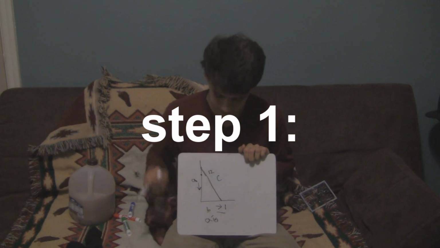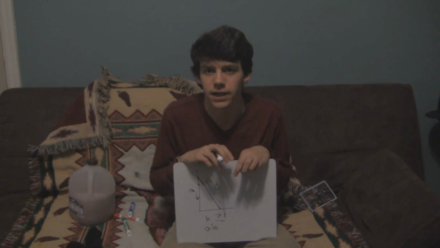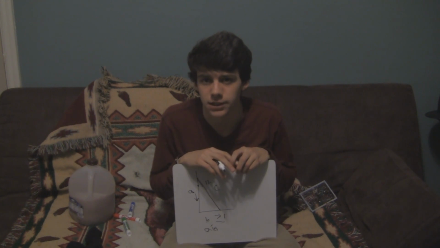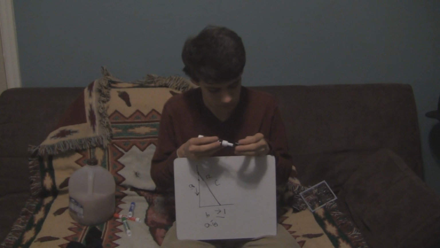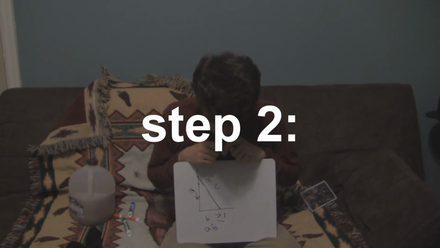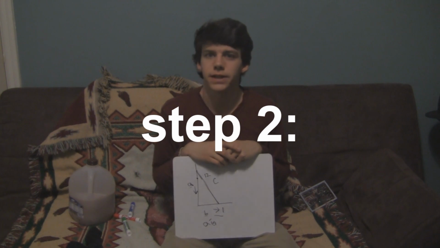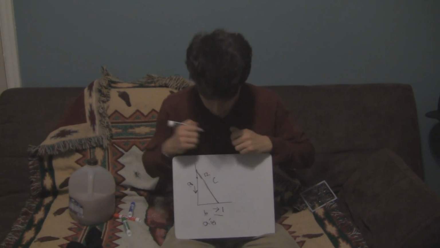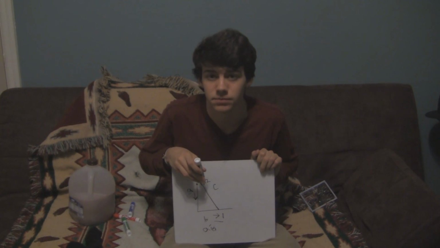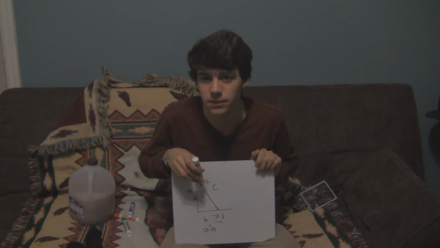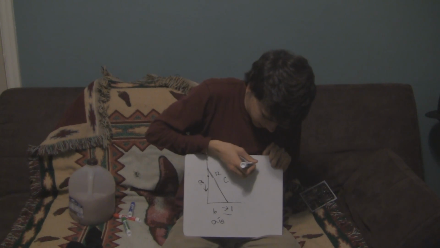You need to figure out what you're trying to find, what the question is asking for. In this case, it's A prime. The second step is to figure out what you already know. Okay? So, you know what C is, what the pole named C is. It's 12, right? So you're going to want to write that down.